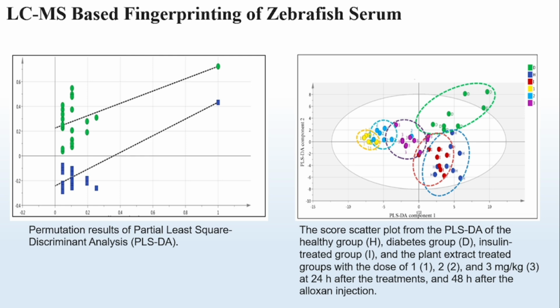The serum from zebrafish from 4 groups: the healthy, the diabetic, the insulin-treated, and the plant extract treated, were analyzed using this LCMS, and PLS-DA showed 45.6% variation explained, indicating acceptable predictability. Validation confirmed the model reliability, with the R2 and Q2 intercepts within the acceptable range.